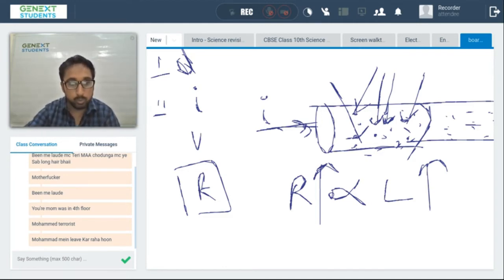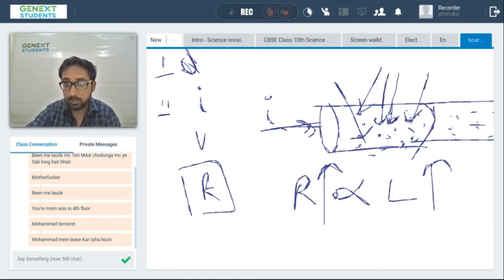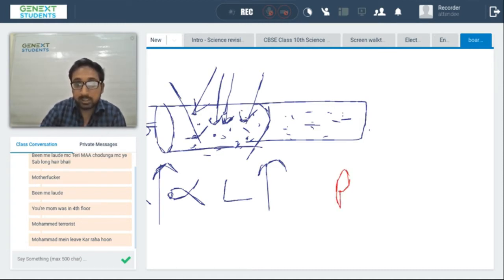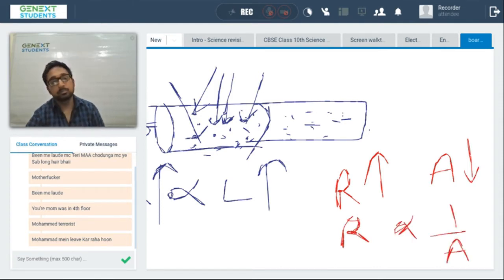So if you understand this, you will understand this as well: resistance increases with decrease in area. Therefore, resistance is inversely proportional to area.